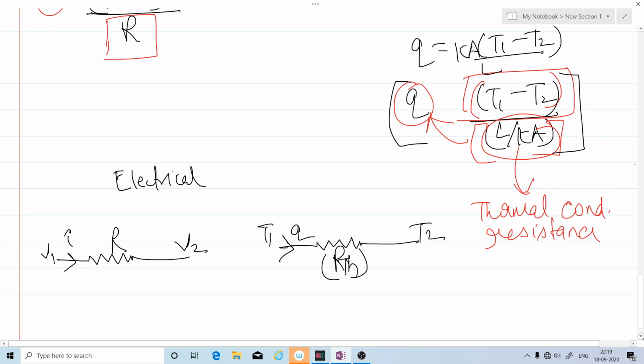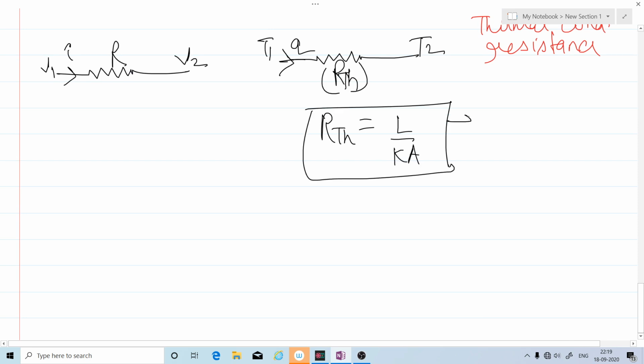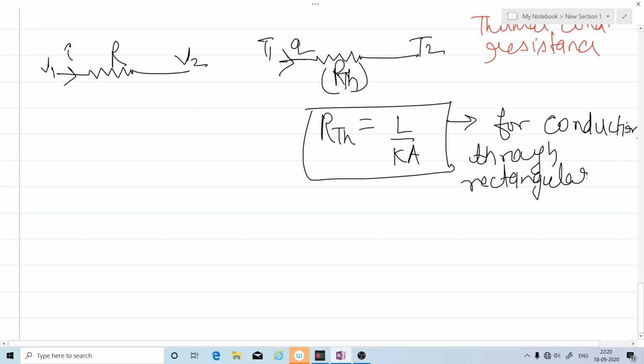So the thermal resistance may be written as L by Ka for conduction heat transfer through a rectangular slab.